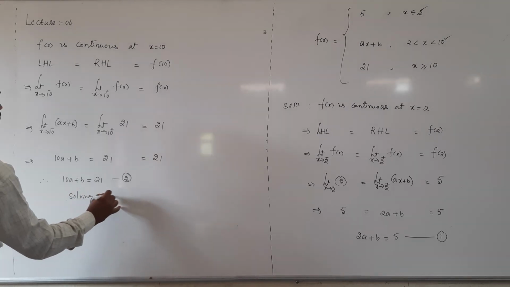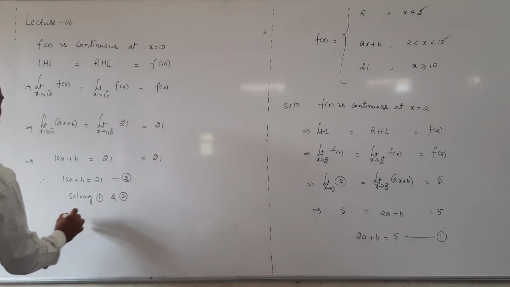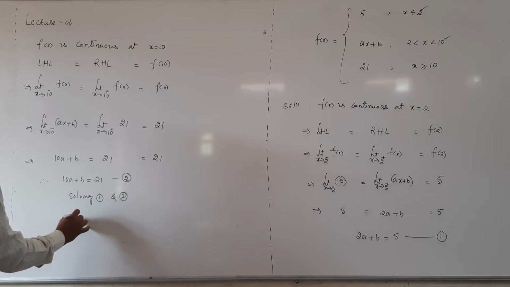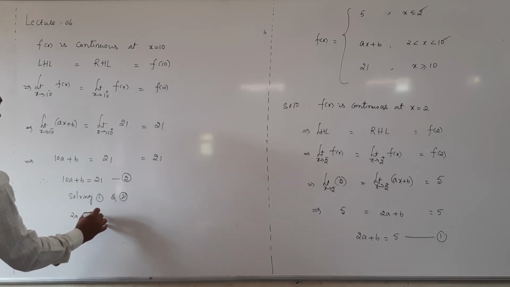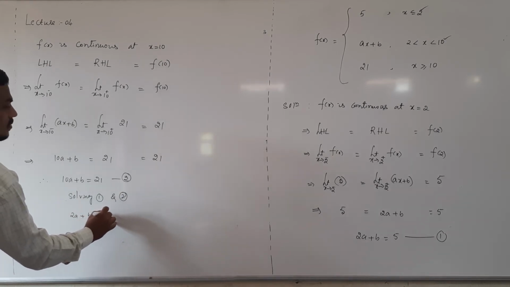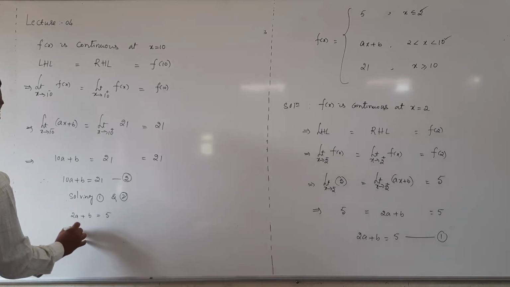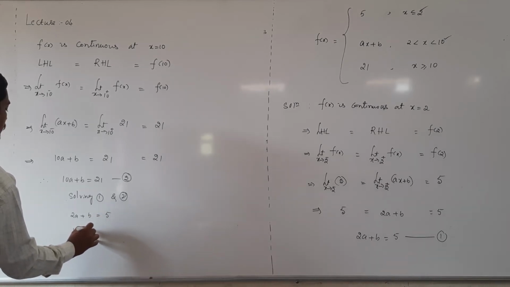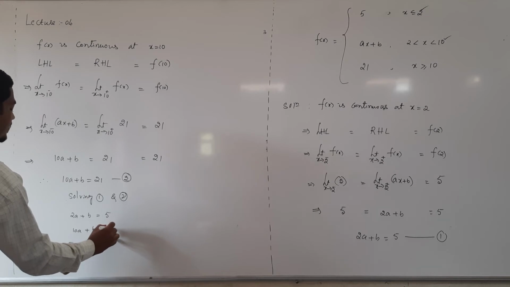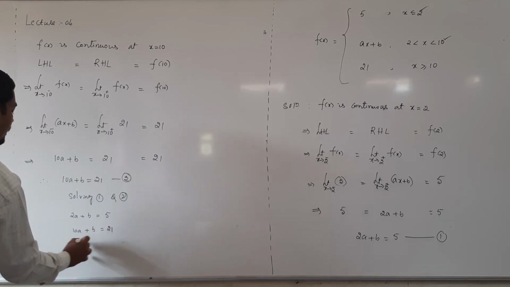Solving 1 and 2, we get 2a plus b equal to 5 and 10a plus b equal to 21.